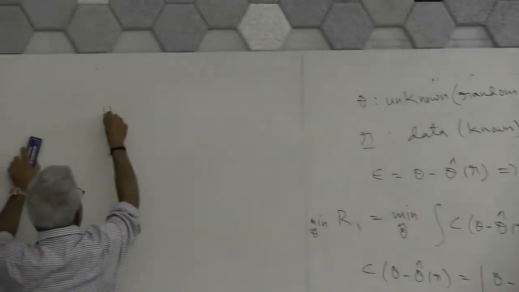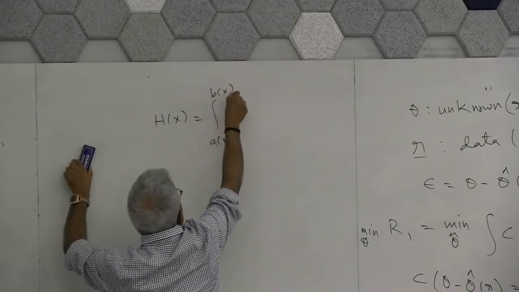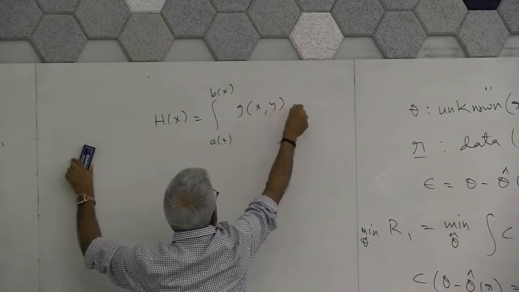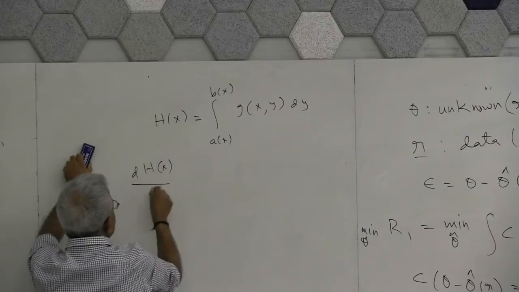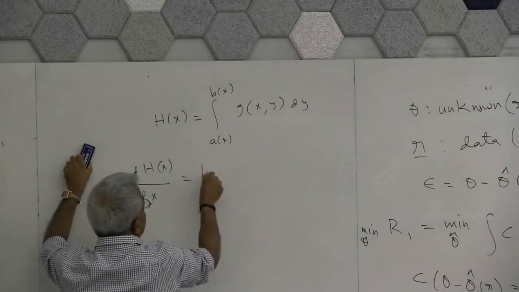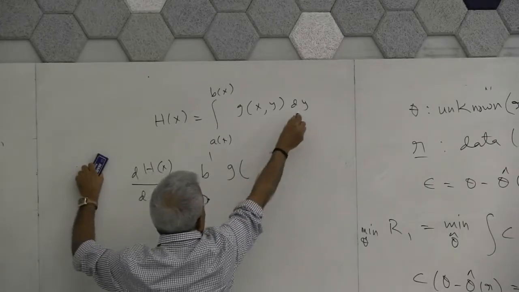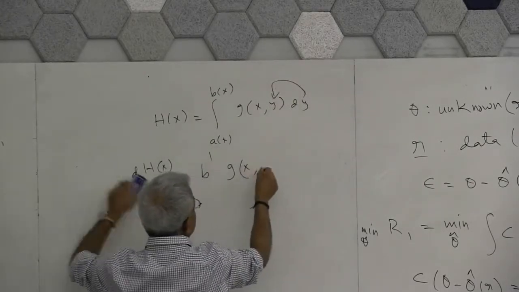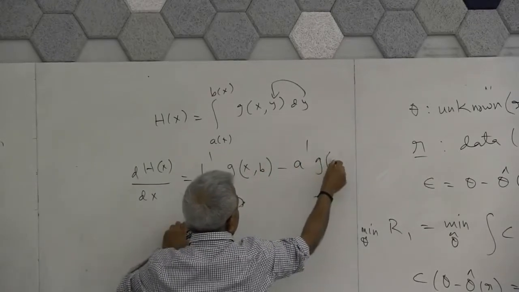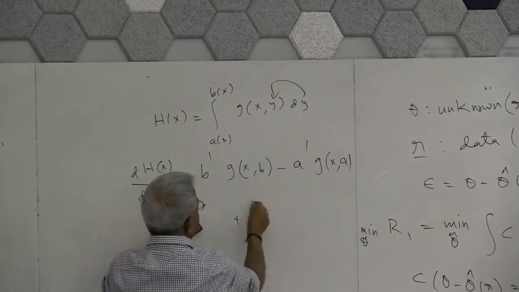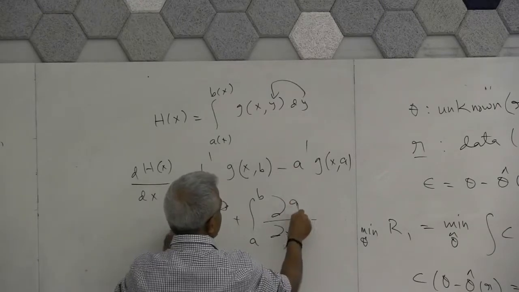You remember this? I said if h of x is the integral from a(x) to b(x) of g(x, y) dy, then the derivative of h(x) with respect to x: you take the derivative of the top function, substitute it wherever the variable of integration is, minus the derivative of the bottom function, same thing, substitute, then leave the limits as they are.